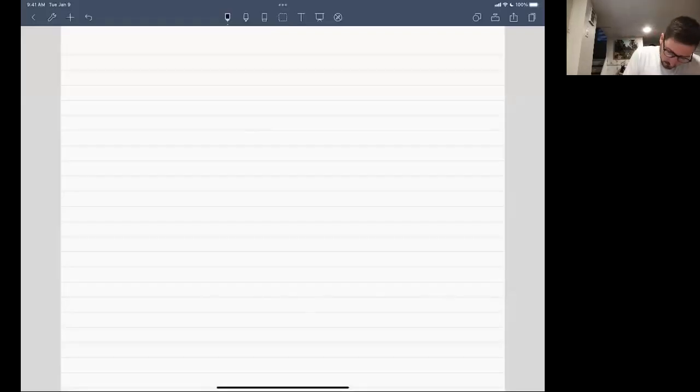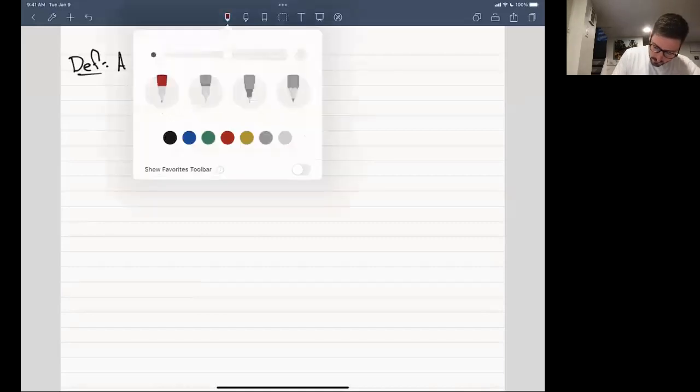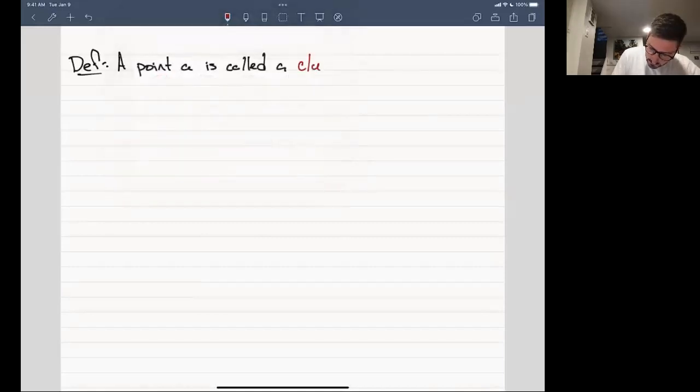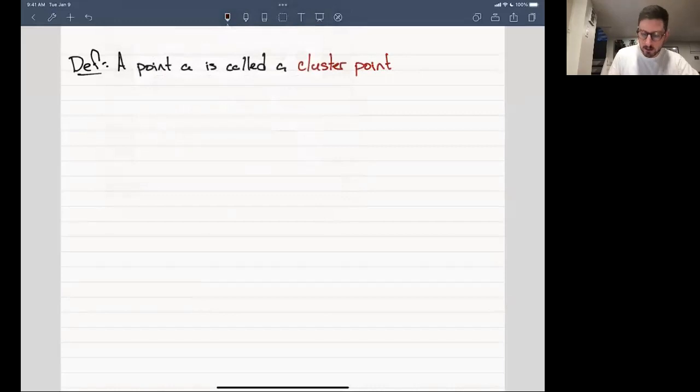So, like we do with most classes, we start with a definition here. So we say a point A is called, let's put it in red to highlight it, a cluster point. So we'll talk about what this means in a moment. Let me just write it down.